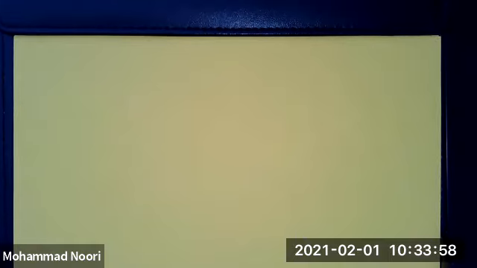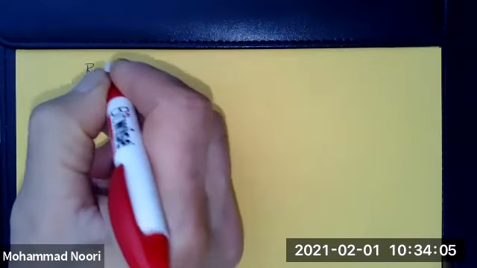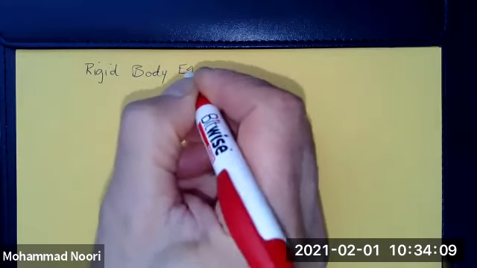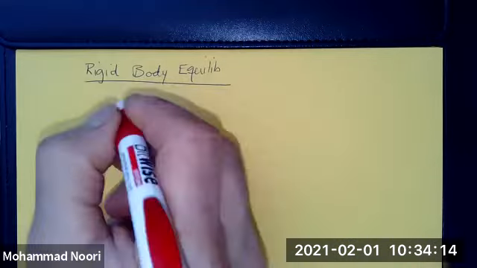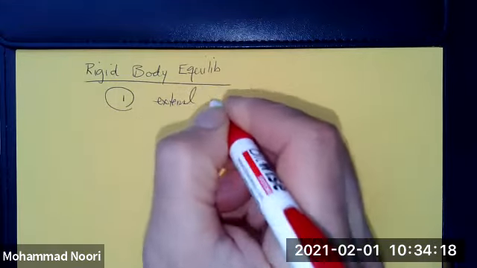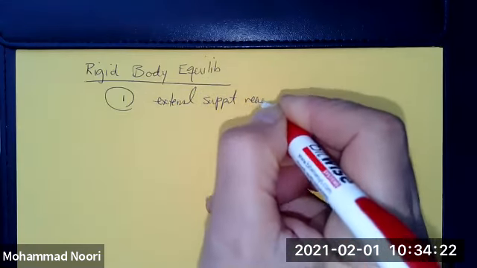let's move on. As I started last time, I said that in statics, we started with rigid body equilibrium, right? And as we have seen so far, we focused on finding the external support reactions.